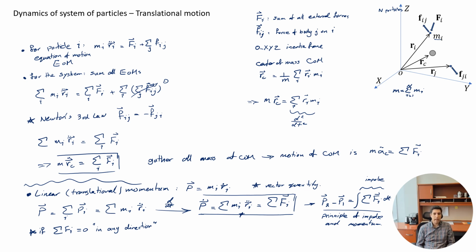If in any direction the sum of external forces is 0, it means P along that axis remains constant along that direction. So it is called the principle of conservation of momentum.